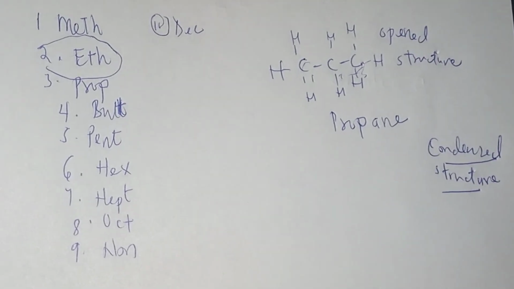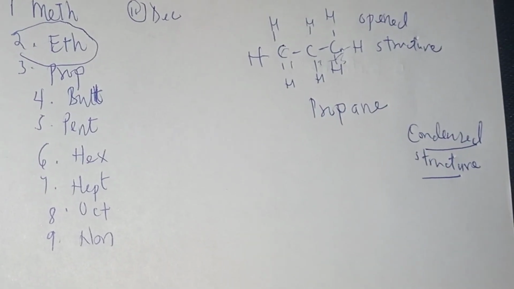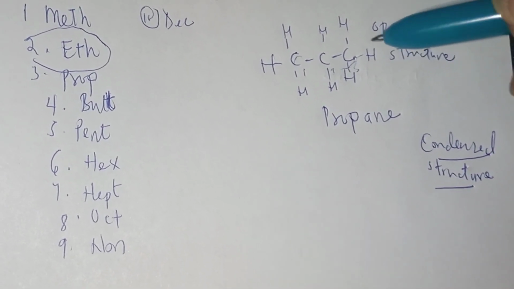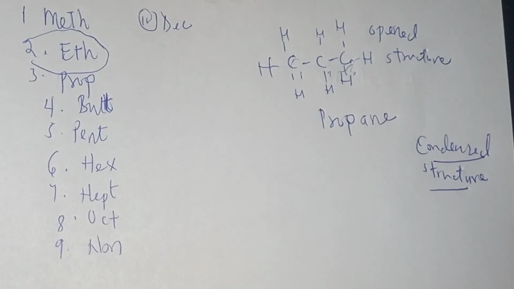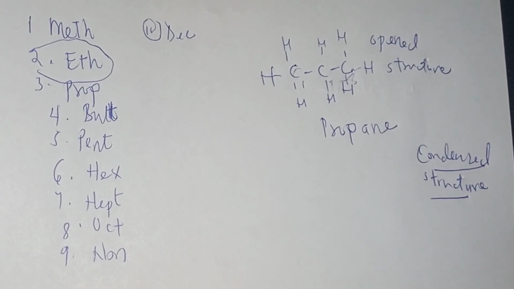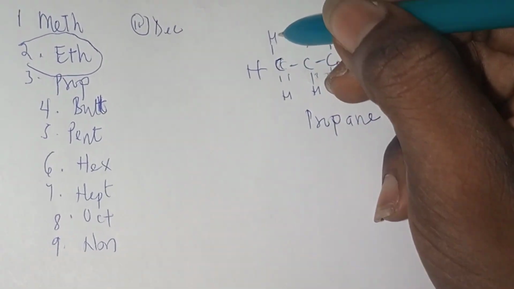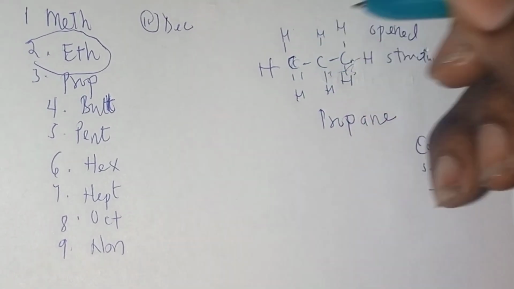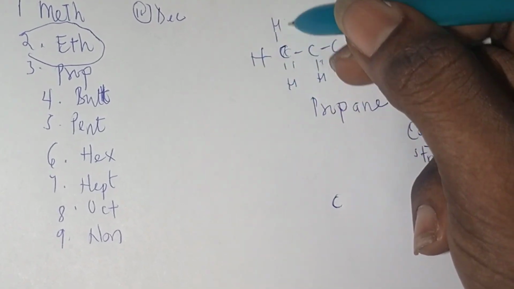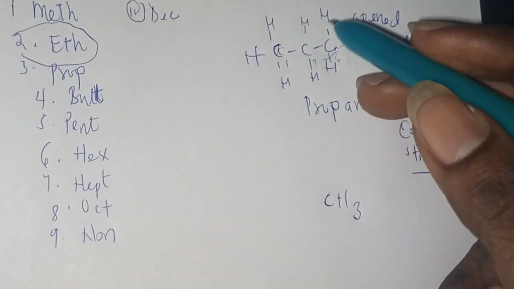So in this compound, how they represent the condensed structure is that they first take the carbon and the number of hydrogens linked to that carbon, and they represent that as one unit. Do you get it? So over here we have a carbon, and we have three hydrogens. So this is my one carbon, and it's containing three hydrogens, so that's CH3. So this is one unit.